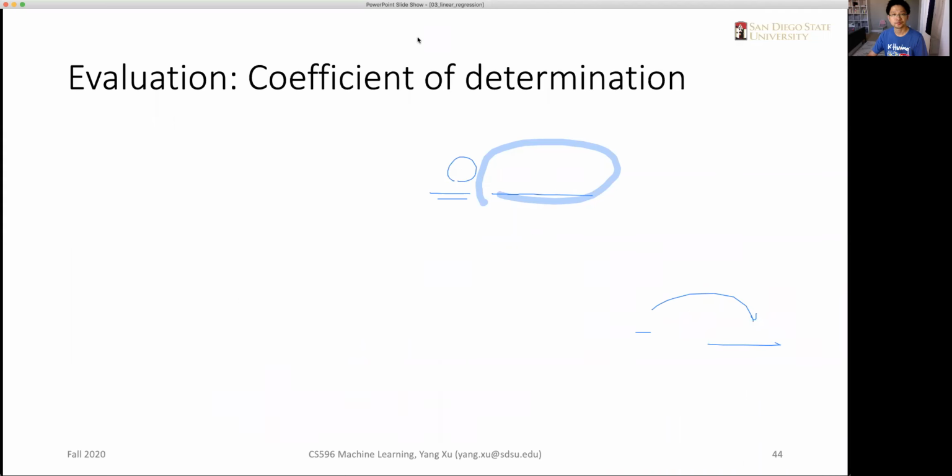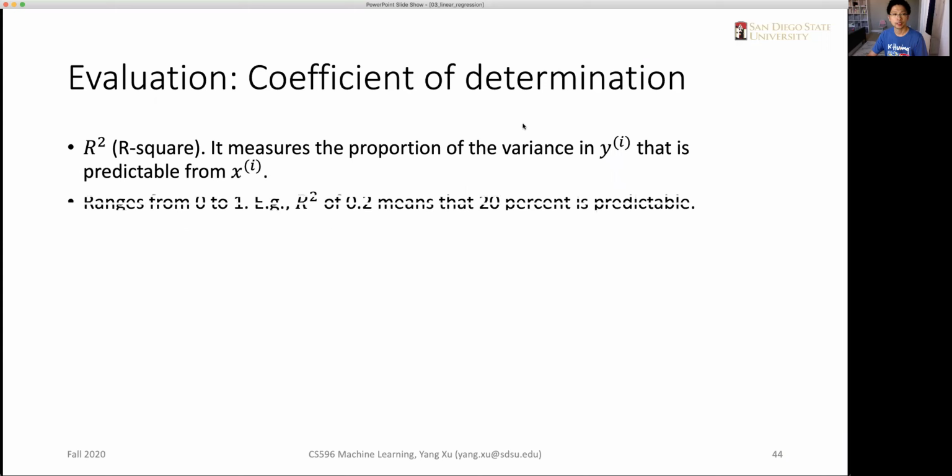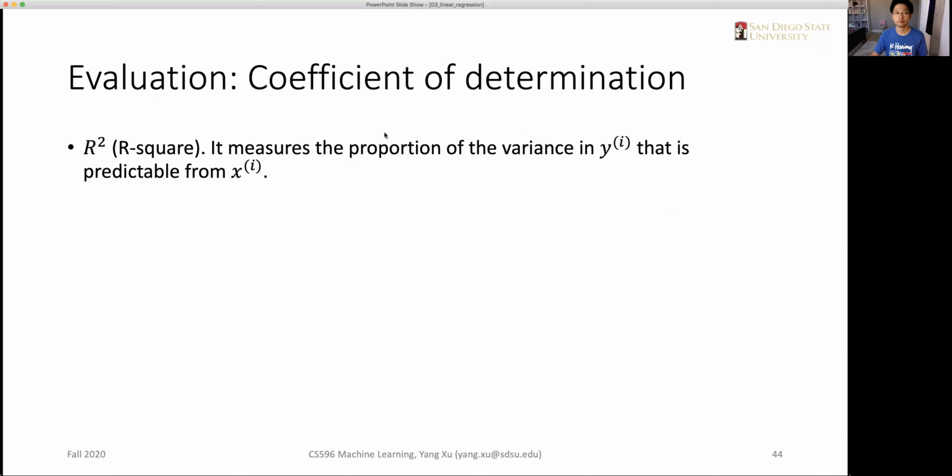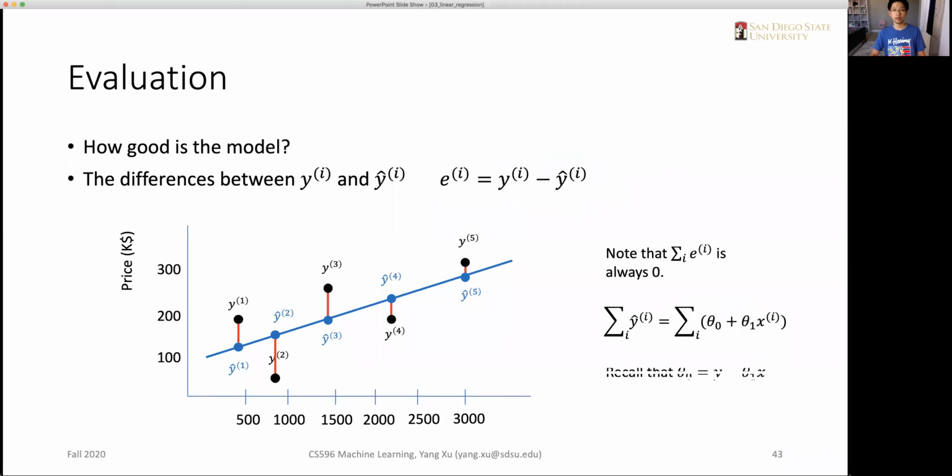So we need to come up with some different ways to measure the overall performance of the model.